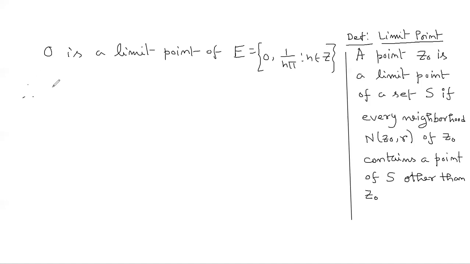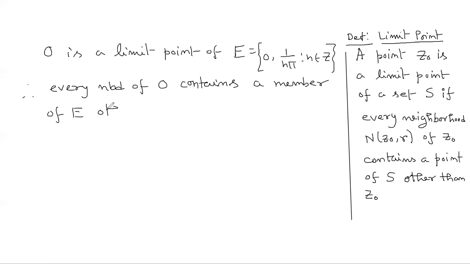Here we can say every neighborhood of z0, that is 0, contains some member of E other than 0.